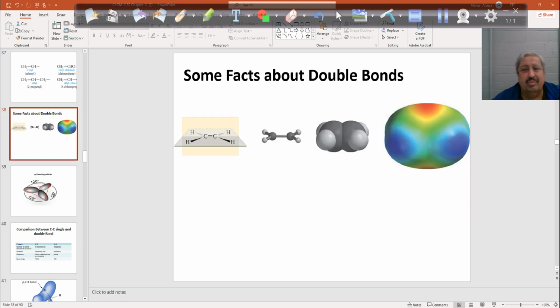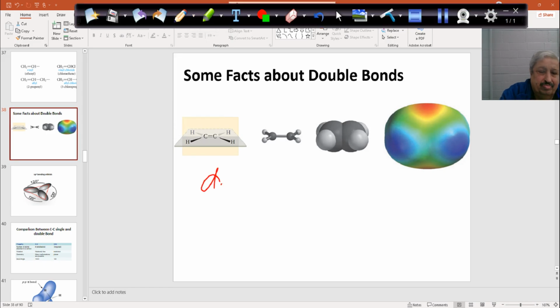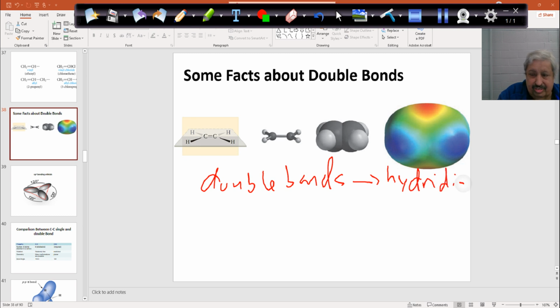Now, double bonds and triple bonds. The double bond has a hybrid; it's made of hybridization of one s and two p electrons, so sp2.